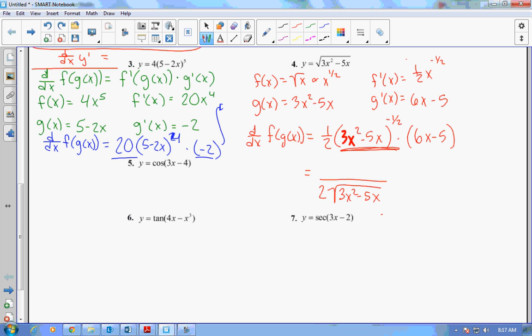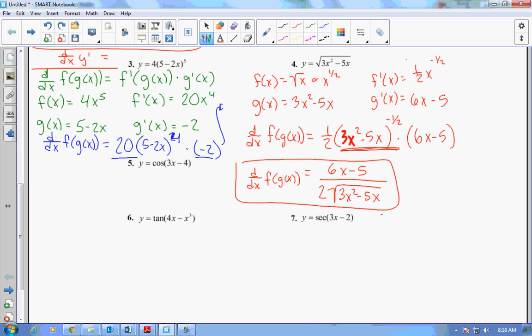And what goes in the numerator? Well, we can put a 1, but we need some other stuff. 6x minus 5. Times by 1 if you want. Okay? What do you think? Questions or confusions on this one?